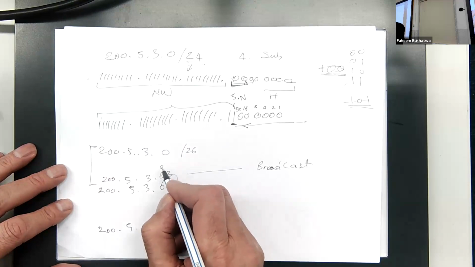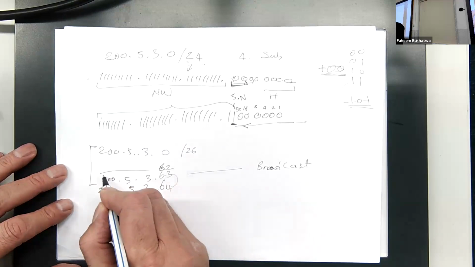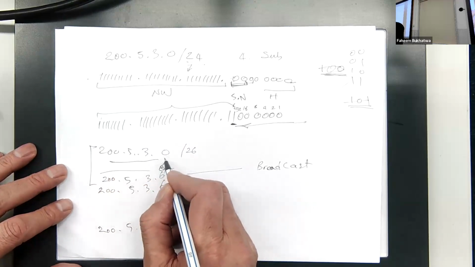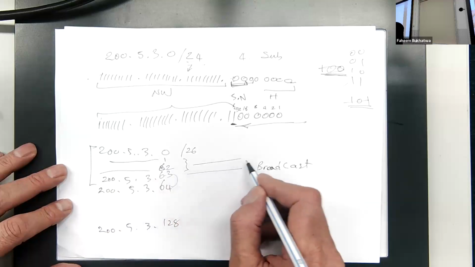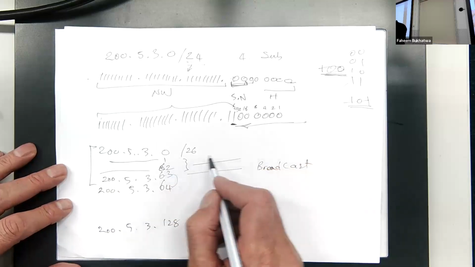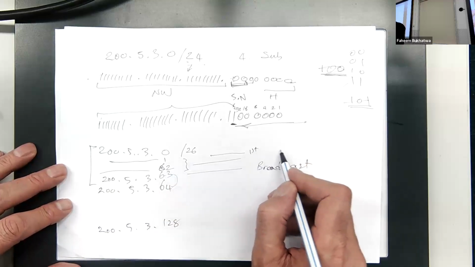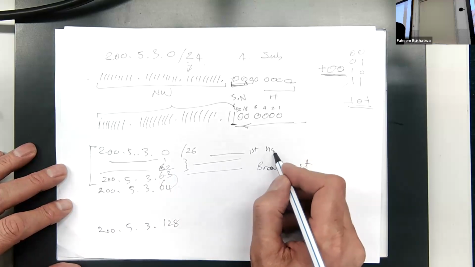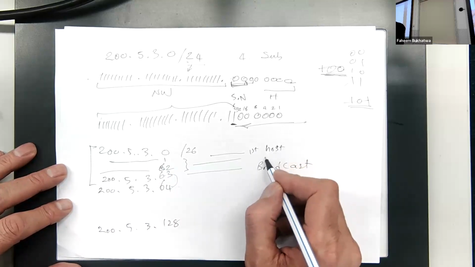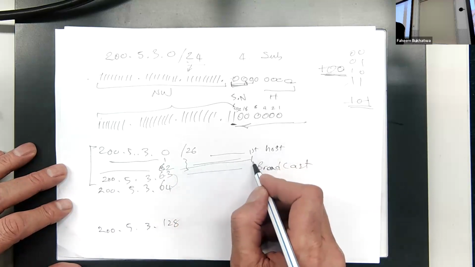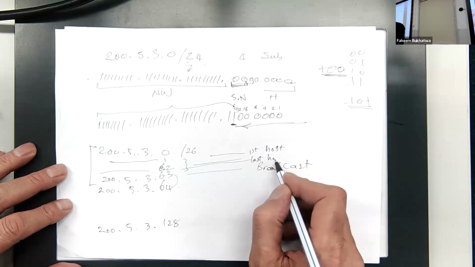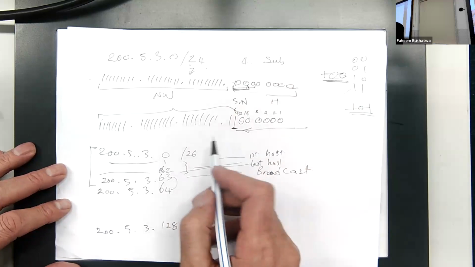The last legal address is 62. The first legal address is 1. So between 1 and 62 are normal addresses: 1 is the first host address and 62 is the last host address, and anything in between is fine.